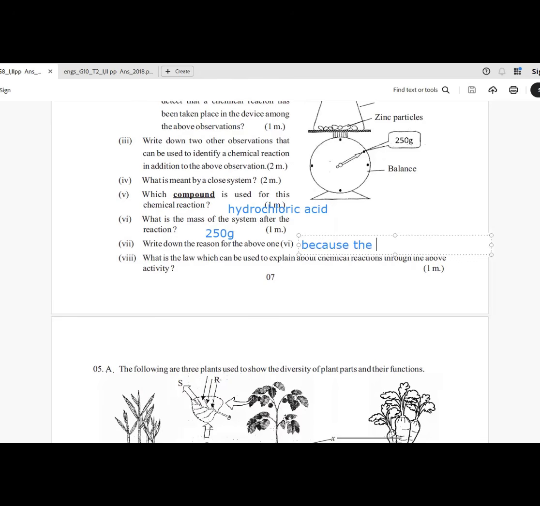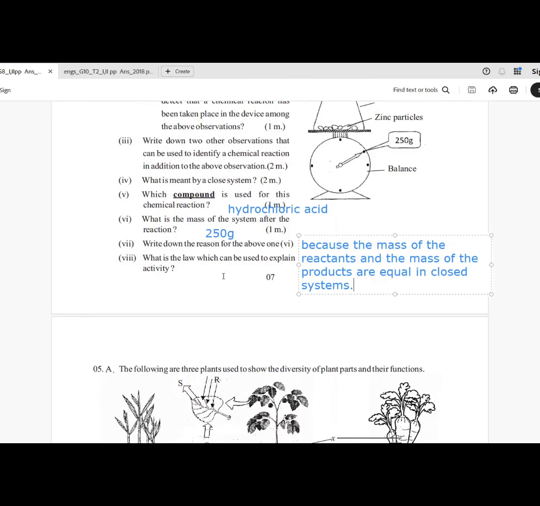Because the mass of the reactants and the mass of the products are equal in closed systems.